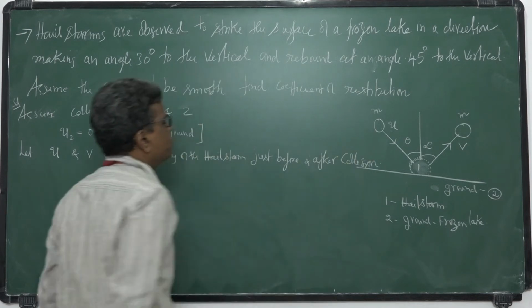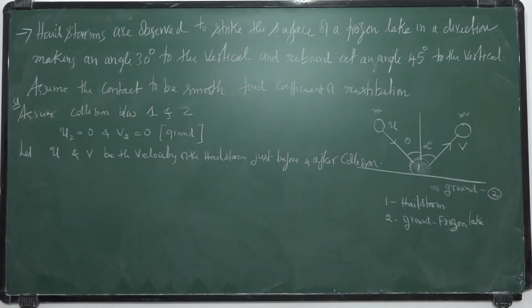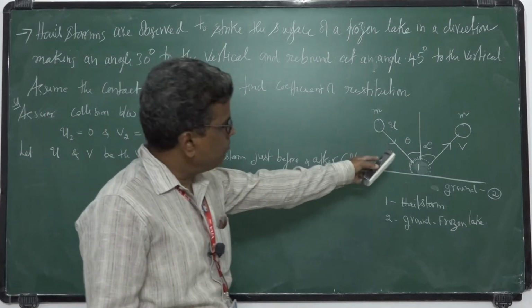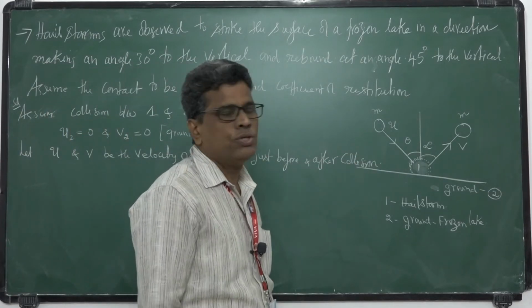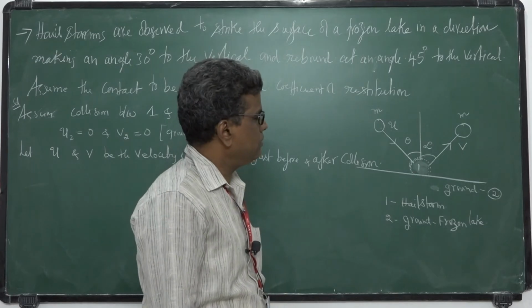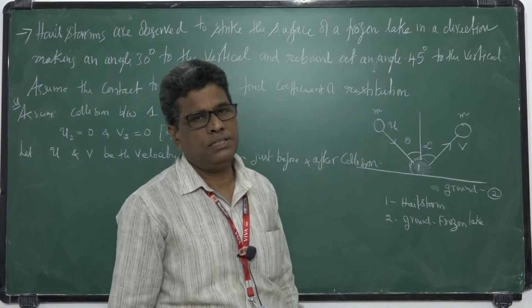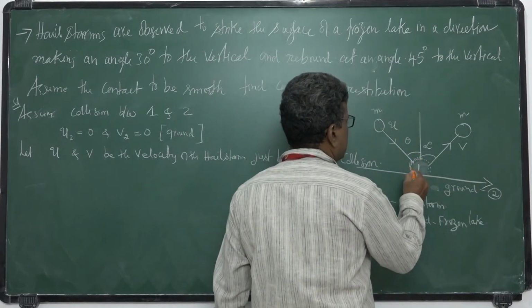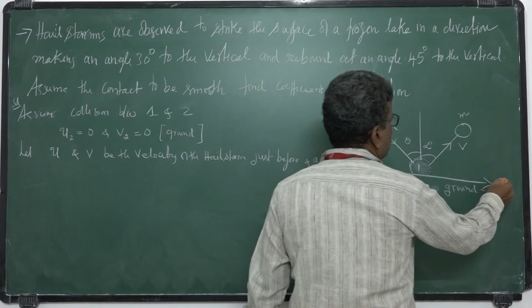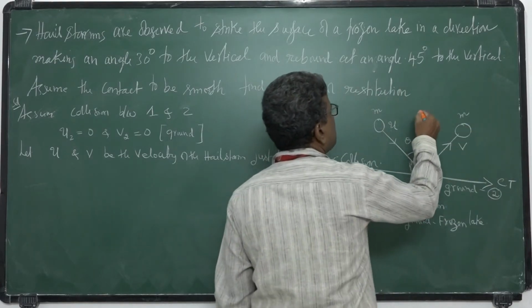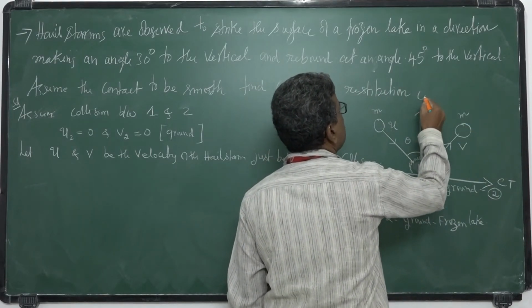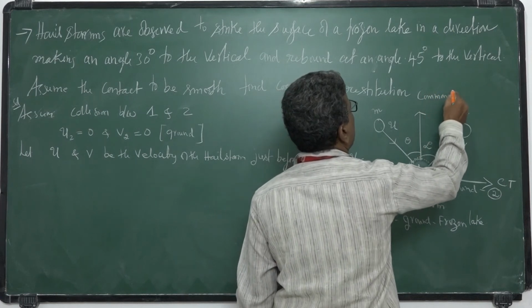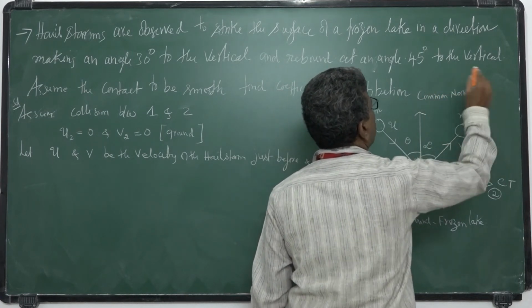These velocities make angles theta and alpha as shown in the figure. Now I assumed that it is an oblique collision. In oblique collision, as I explained, you first trace the common tangent and common normal. This direction is tangent to the surface, so it becomes CT, and this direction becomes CN, the common normal or line of impact.